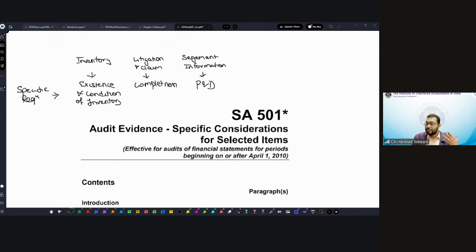Now the question is counting the items. Say the items are low value items, 20 rupees, 30 rupees, but they sum up to 400 crores. Think of the quantity. Even for the auditor, it will not be possible to count the inventory in one night.